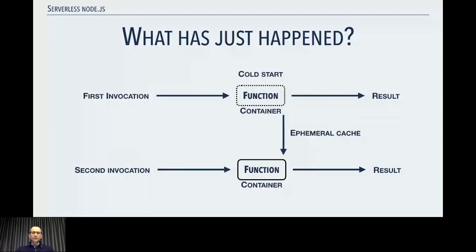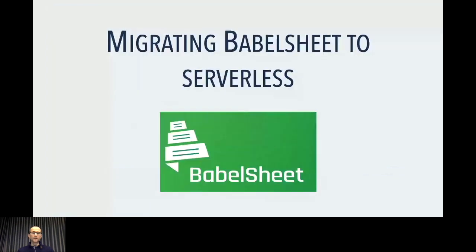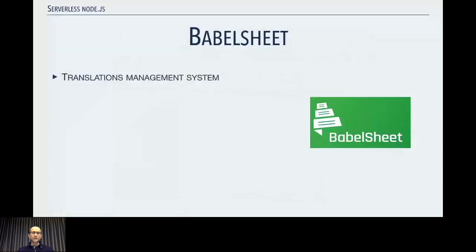Okay, so that was quite an easy example of a Hello World application. Now I will try to migrate our translation service called BABELSHEET to Serverless. As I said, it is a translations management system.